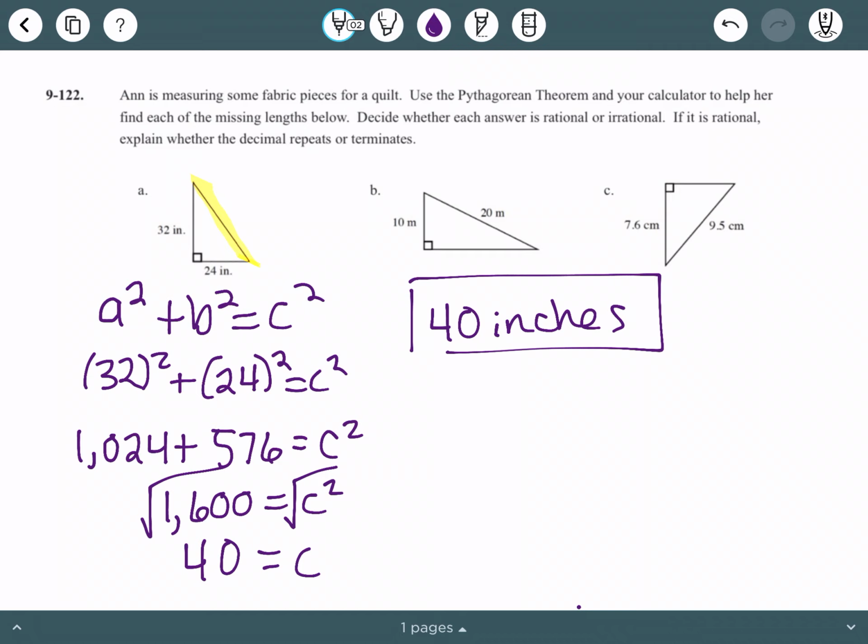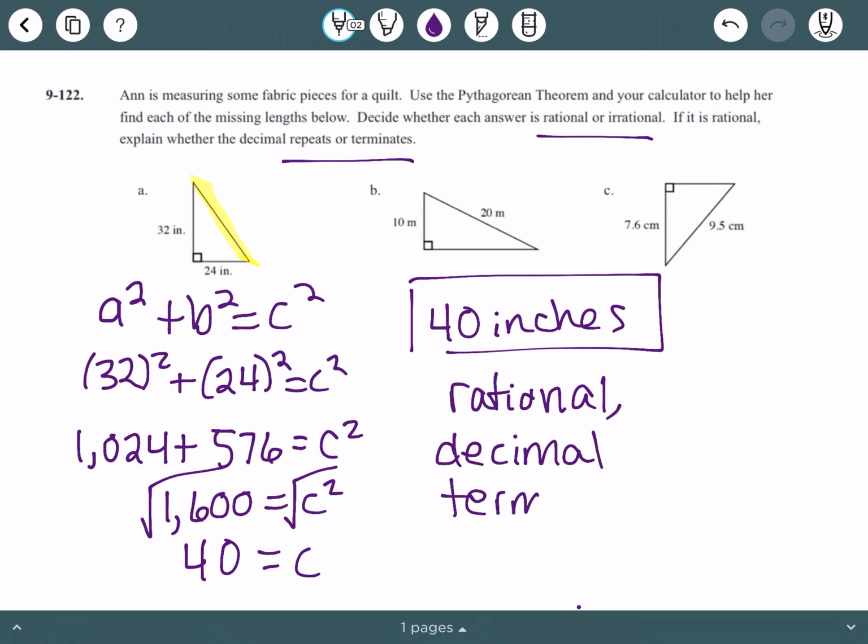Now we also need to determine whether it is rational or irrational, and if it is rational, explain whether the decimal repeats or terminates. In this case, this is a rational number. The reason it is rational is because the decimal would come right after the 0 in 40, which means that it is a terminating decimal.